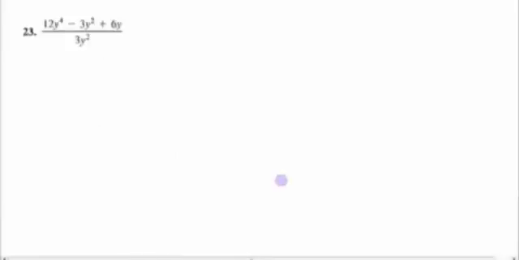12y to the fourth minus 3y squared plus 6y, all divided by 3y squared.